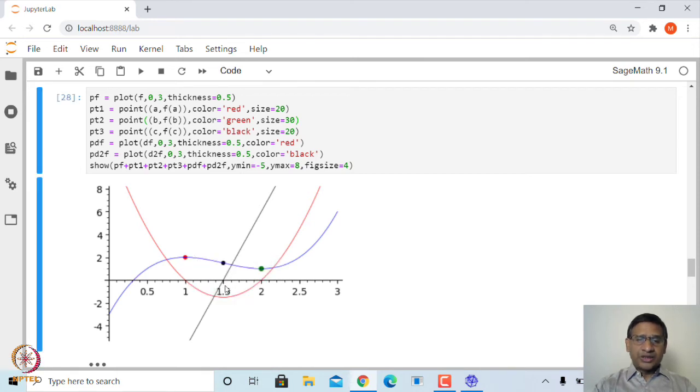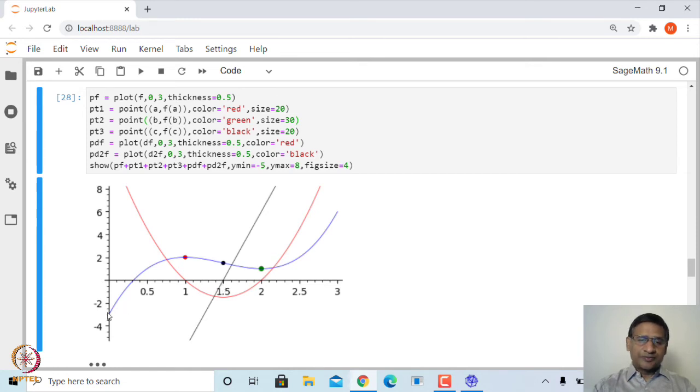And also this black line is the second derivative. To the left of 1.5 it is negative, and to the right of 1.5 it is positive. So, that is the point at which the function changes its concavity.